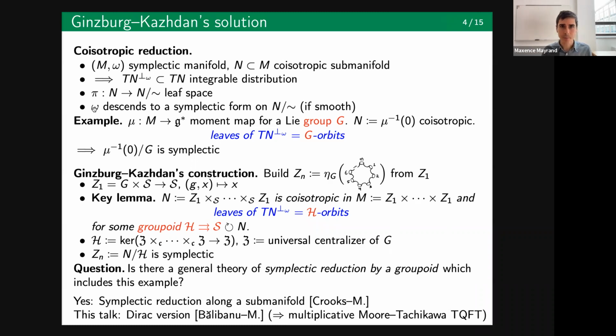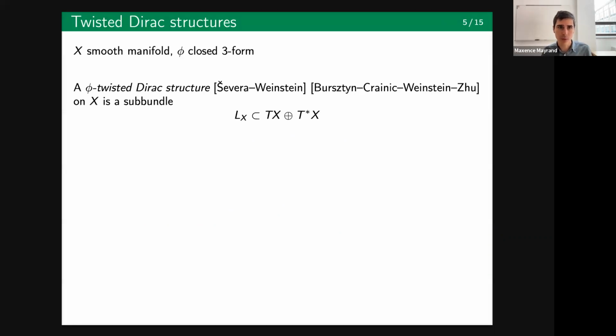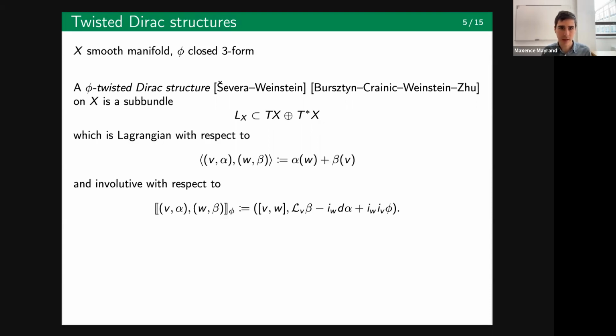Okay, so let's just briefly recap twisted Dirac structures before introducing our construction. If you have X, a smooth manifold with a closed three-form phi, then there's this notion of phi-twisted Dirac structure, which means a subbundle of the tangent bundle plus its cotangent bundle, which is Lagrangian with respect to this canonical symmetric pairing, and involutive with respect to this Courant bracket twisted by phi.